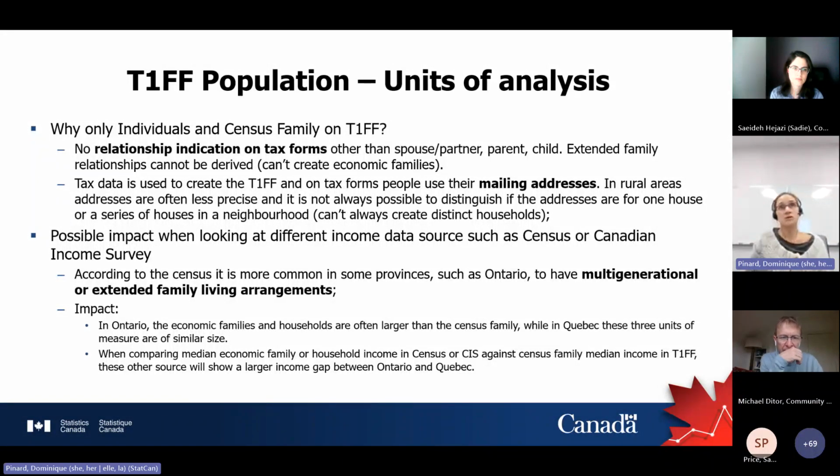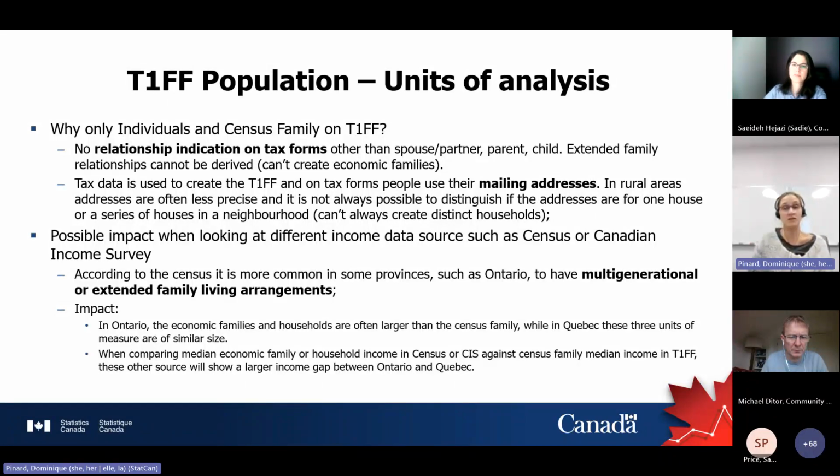So in order to create some kind of family, we are using what I call the T1 PMF, or the tax data plus the CCP. In other data, we don't have any indication of the relationship between people. And so tax data is used to do the census family, and it's based on mailing address.